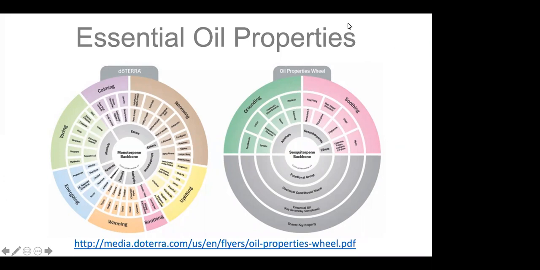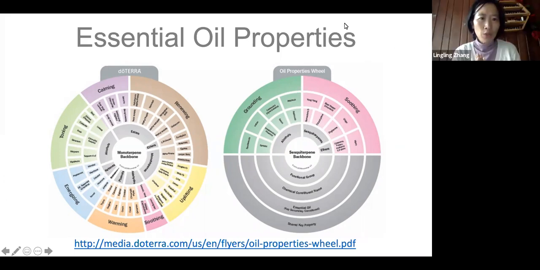Okay. All right. So this complexity of the chemical compounds brings the multiple benefits of essential oils, even from one single oil, right? You probably are confused or sometimes overwhelmed by how many different uses one single oil can have.